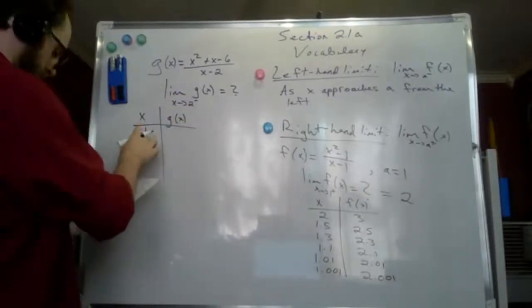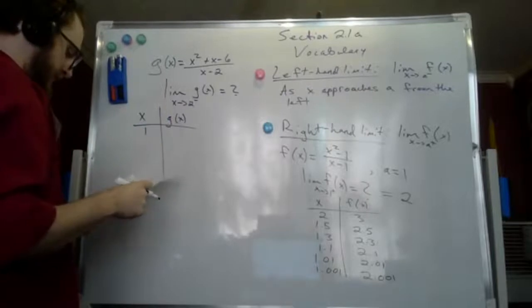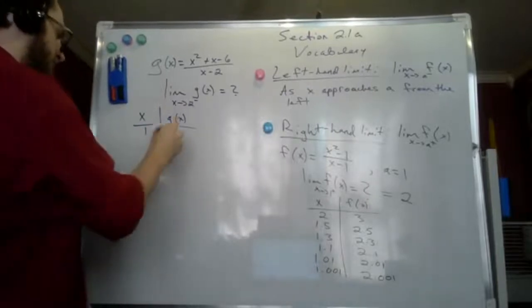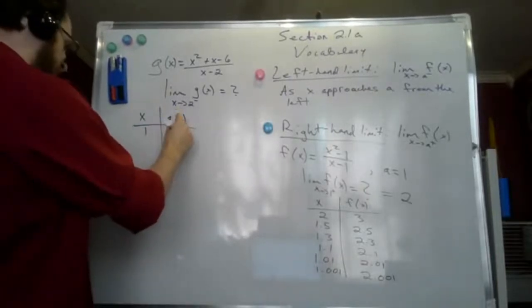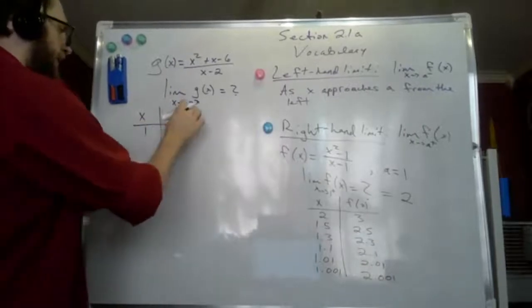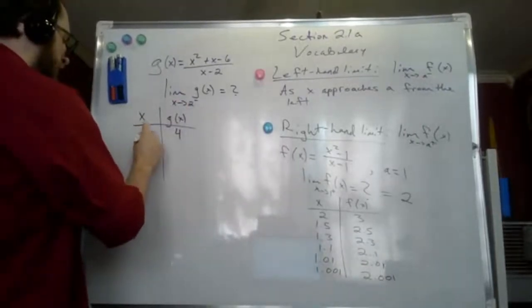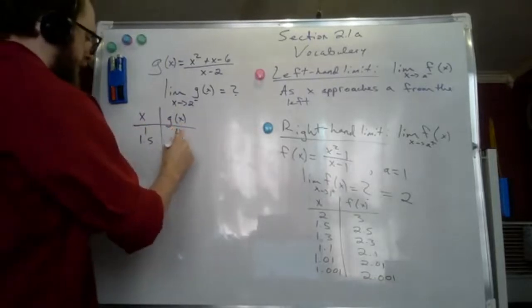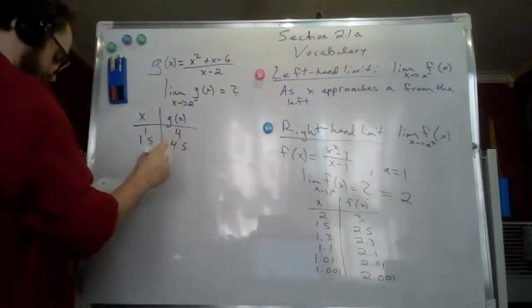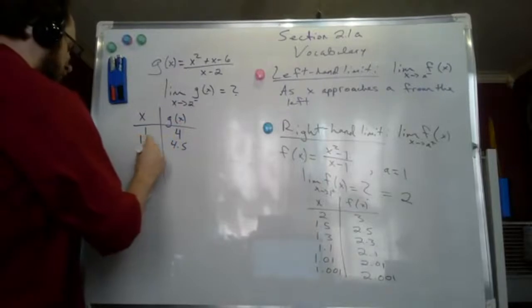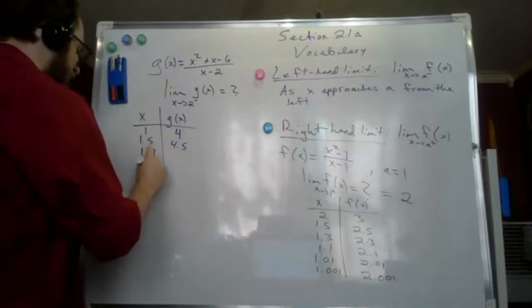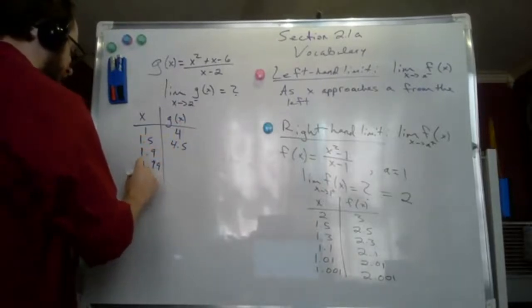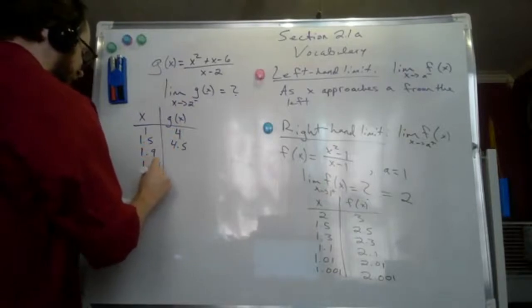So when I plug in 1, and I'm just going to write these down pretty quick, we're going to get a value of 4. But we can get closer to 2. So let's try 1.5. We plug in 1.5 and we get 4.5. Then I plug in 1.9, 1.99, and 1.999.